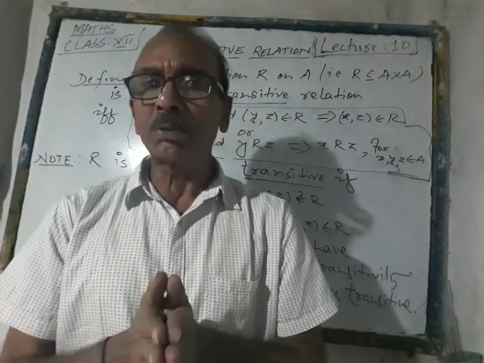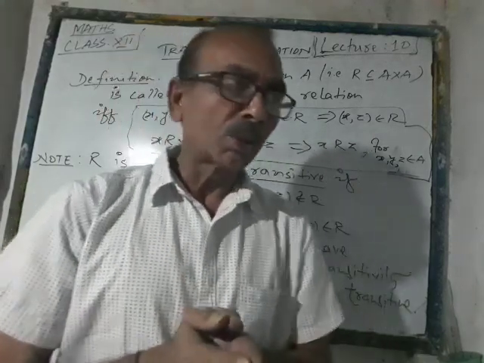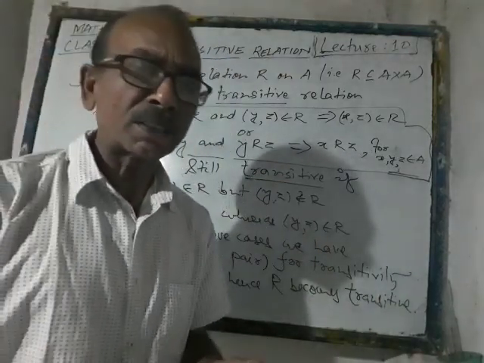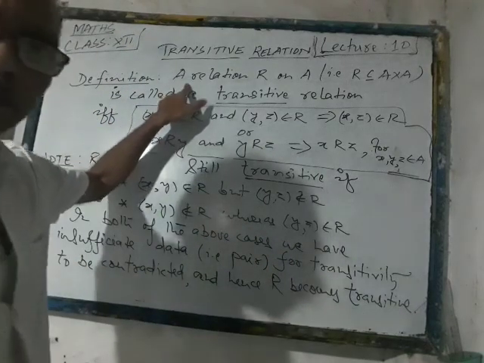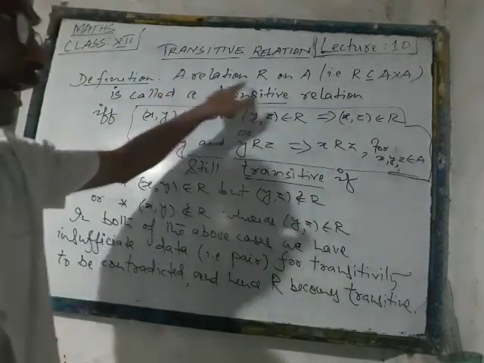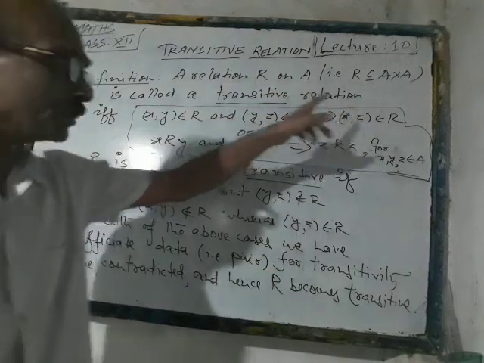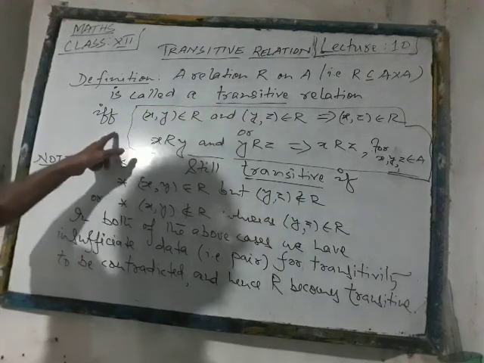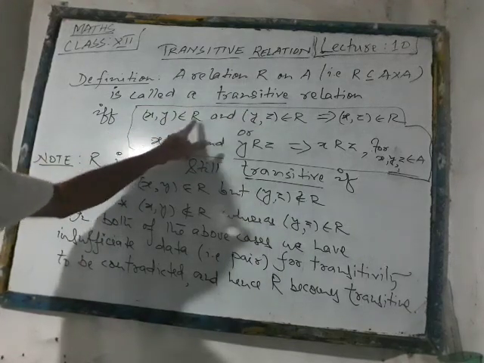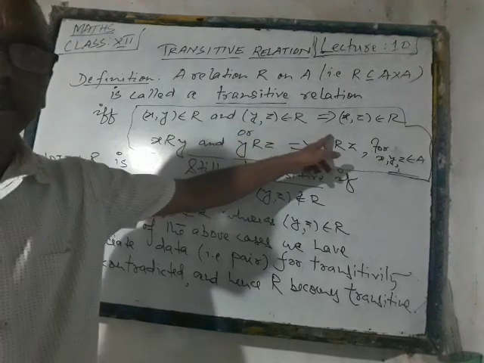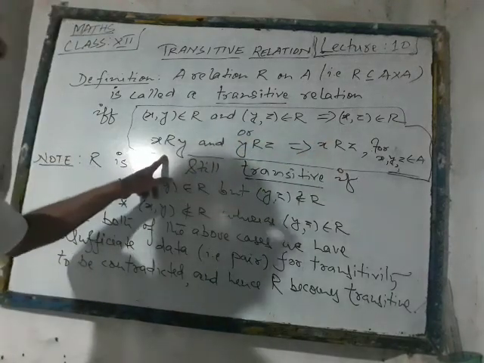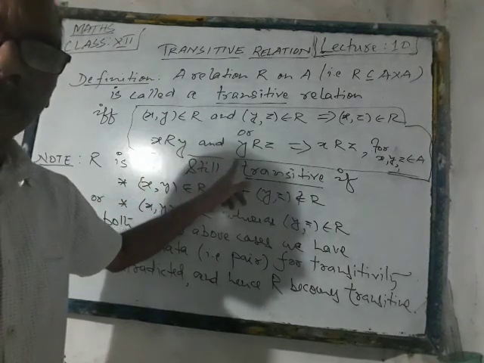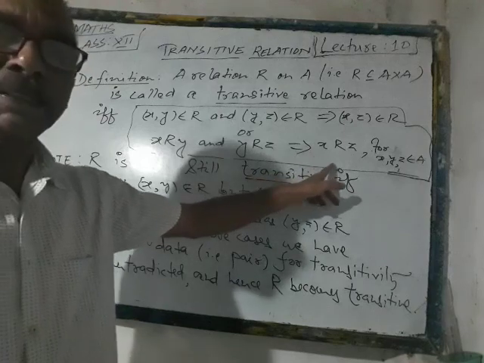So this is all we are going to talk about for the day. Just watch, I have written the definition on the board. You may be noting it down. It is a very simple definition that I will read for you. A relation R on A, that is R is a subset of A cross A, is called a transitive relation if and only if (x, y) belongs to R as well as (y, z) belongs to R implies (x, z) belongs to R. You may also write it this way: x is R-related to y and y is also R-related to z implies x is R-related to z.